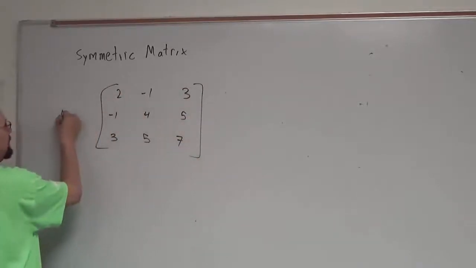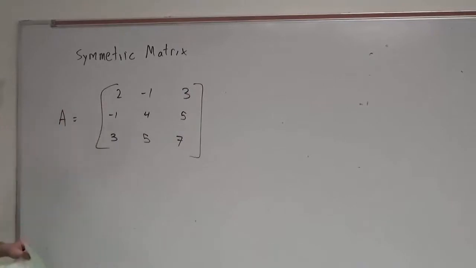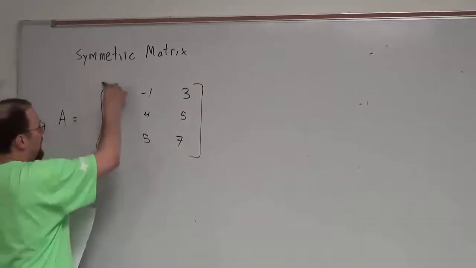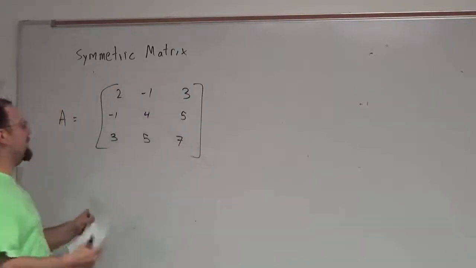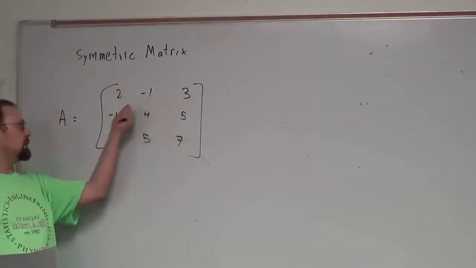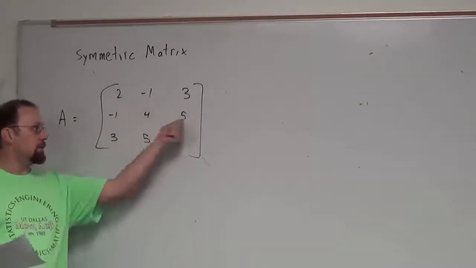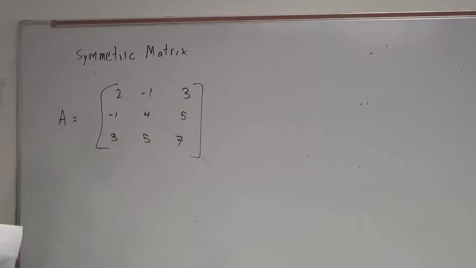That's an example of a symmetric matrix. When you see the symmetry, if you draw a line through the diagonal, you see that these entries are the same. They're kind of opposite each other like a mirror image.